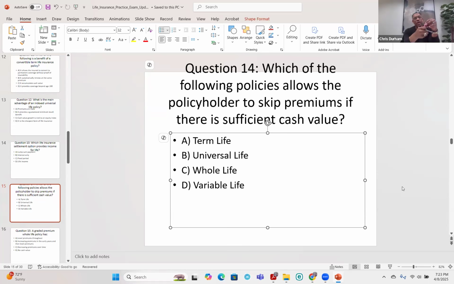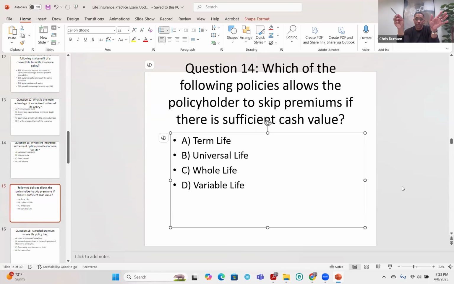And variable: the word association that goes with variable is not flexible or skipping premiums. The association that goes with variable is mutual funds or investments. Variable goes with the stock market.